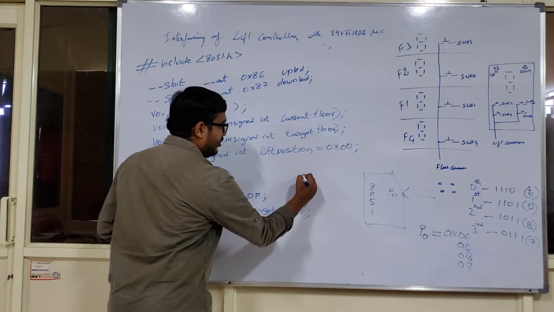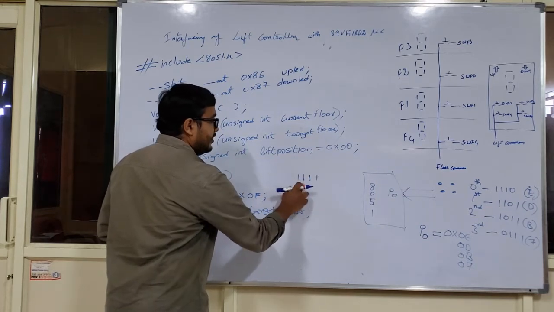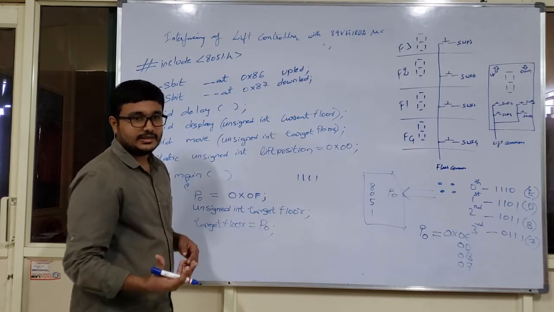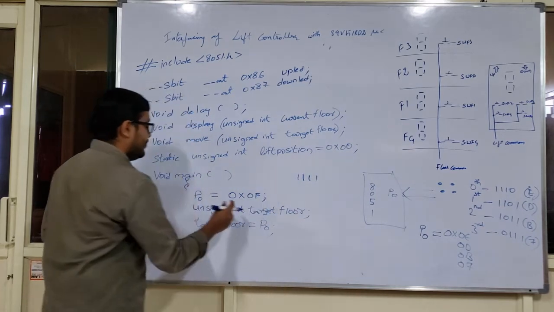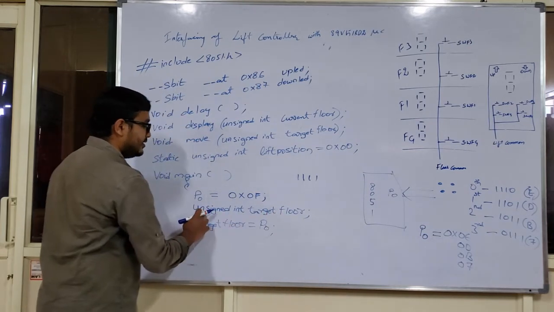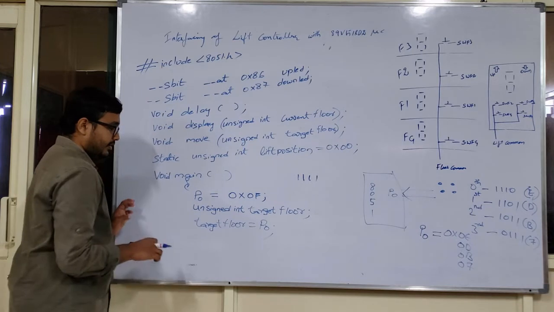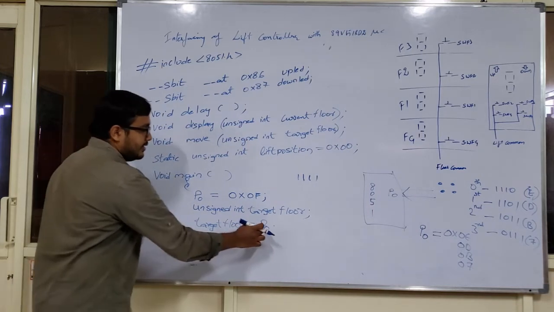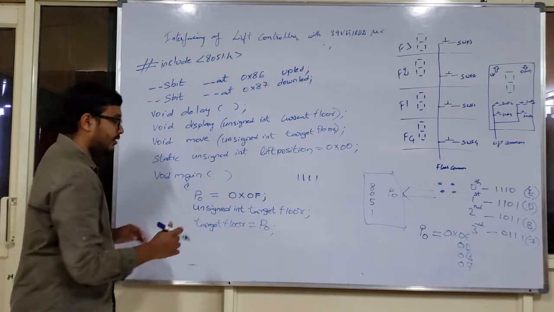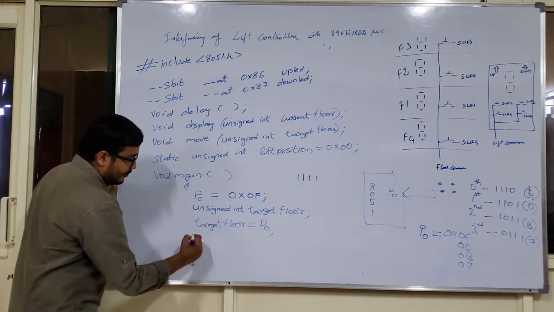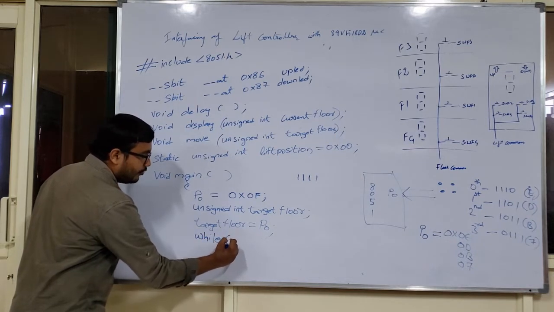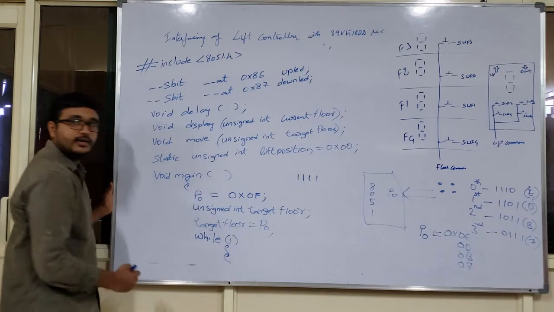That means 1111, which indicates that none of the 4 push buttons have been pressed by the person. Okay, so P0 equal to 0x0f, and I have taken target floor, that is of unsigned int. Now the target floor is equal to P0, the value of P0 is given to the target floor. Okay, now what we do here is, ours is a continuous activity, we go with while of 1 because it is an indefinite loop.